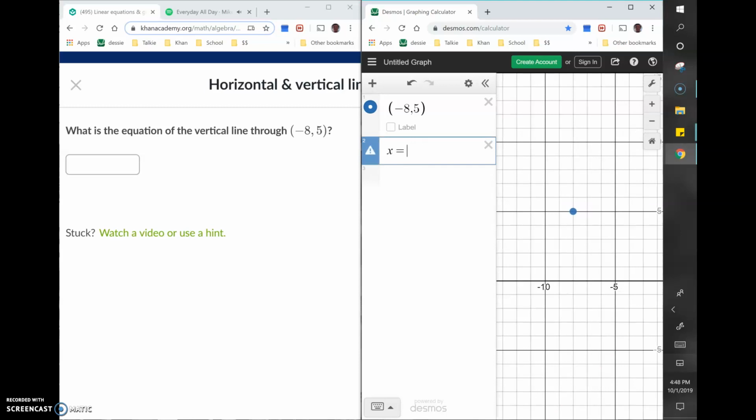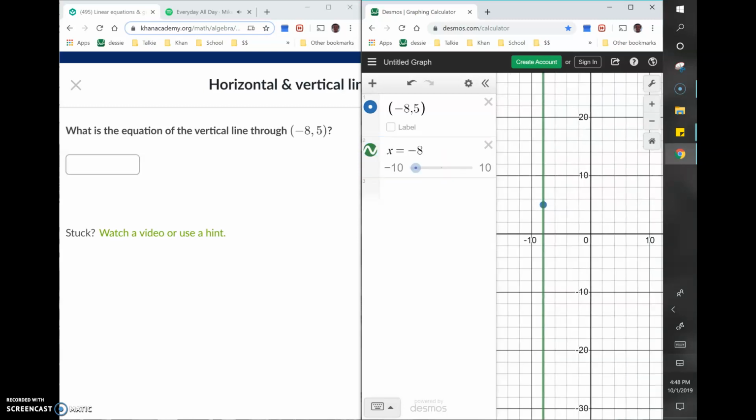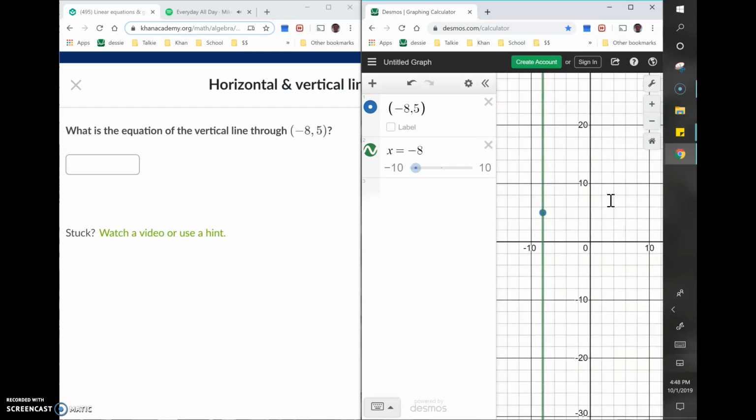So we want a vertical line that goes through that dot, and so it's either going to be x equals -8 or 5. If we put in 5, you can see that that line doesn't go through that dot, so we know that it's not 5. We know that it's -8, and we should have known that before we even graphed the first line, because the x value here is -8. We don't really care about the y value. So what's the equation? The equation is x equals -8.